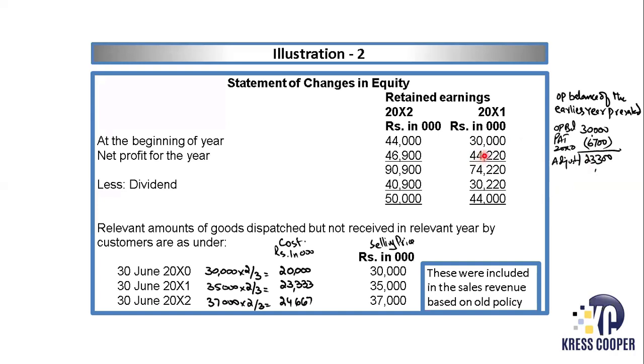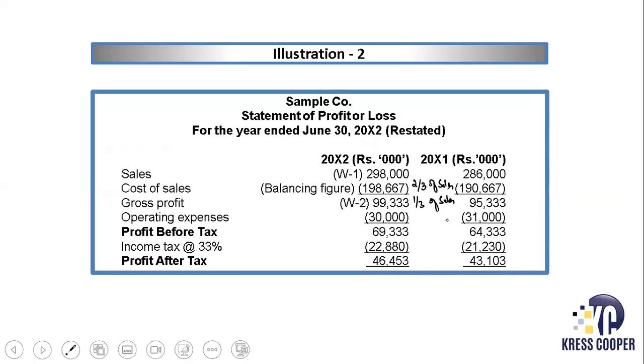This 44 will be corrected in a way or based on the changed scenario. There will be no change in this 30,000. The same changed figure will come up over here. Then the changed profit for the year will be taken. Dividend, no change, and so on and so forth. Just have a look on it.